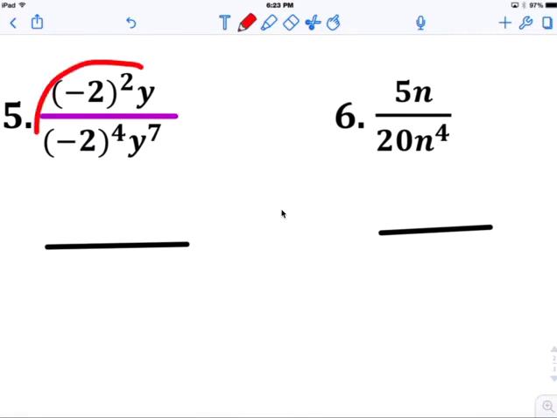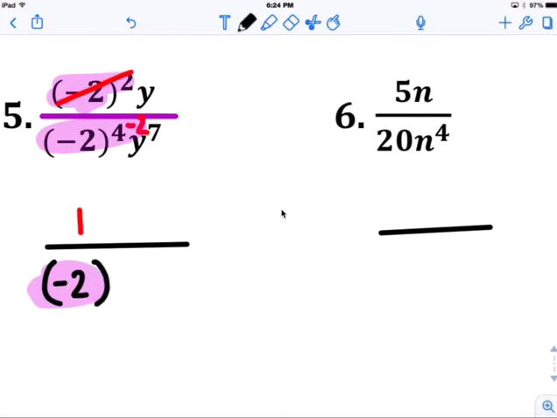Anyways, the point is this starts out with a fraction bar. Let's do the 2s, same exponents. Same exponents, right? So you get, cross that out, that gets a 1, minus the 2. So notice this goes at the bottom, because this is from the bottom. Okay, that's negative 2 squared.